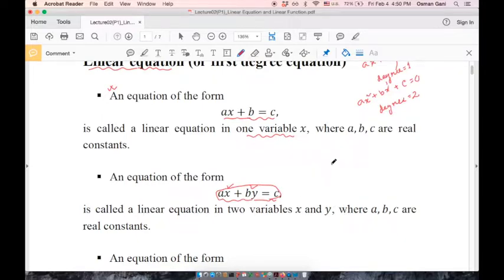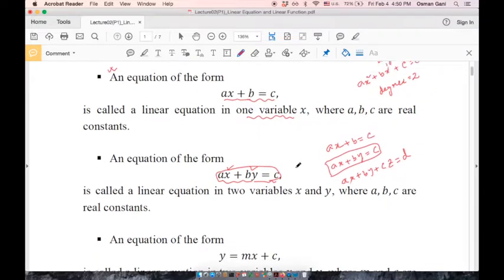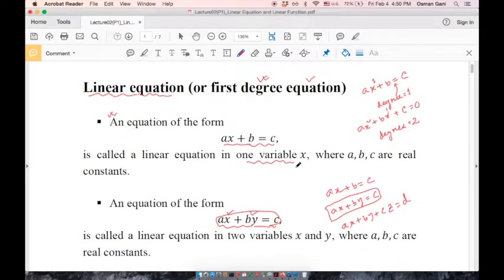So a linear equation can be in one variable, ax plus b equal to c or 0, in two variables, ax plus by equal to c, or in three variables, ax plus by plus cz equal to d, and so on. But in this course, linear equations in two variables will be important, because we want to relate a linear equation with the linear function.